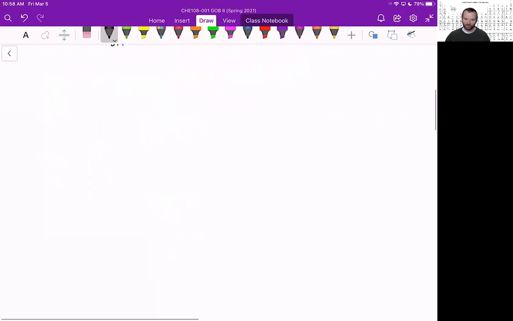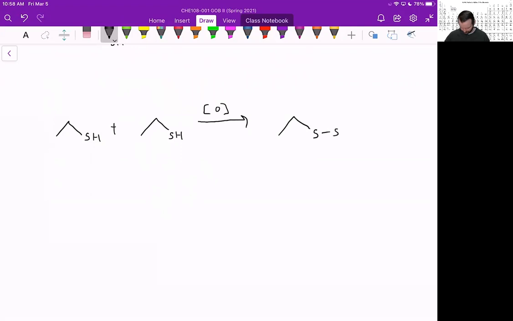Now, reactions that sulfur-containing compounds undergo. So 2 thiols, or 2 equivalents of the thiol, you treat them with an oxidant, they will form what's called a disulfide.